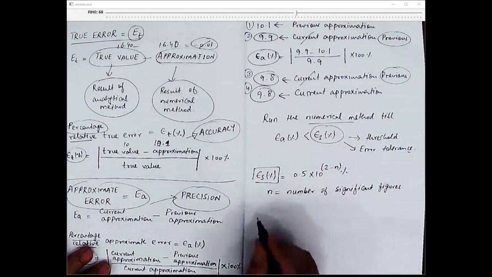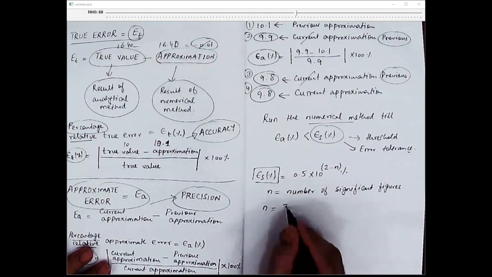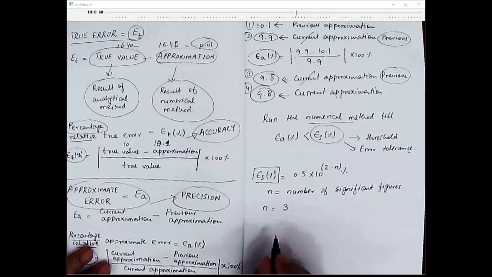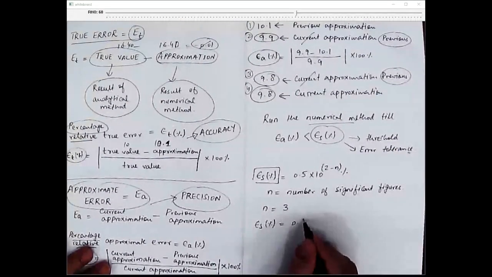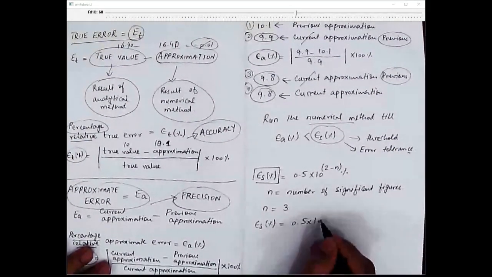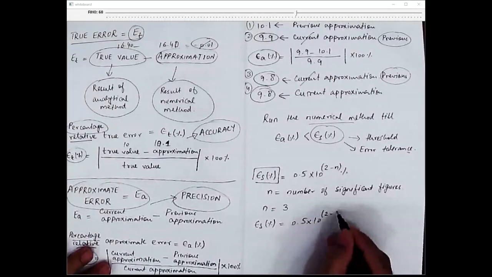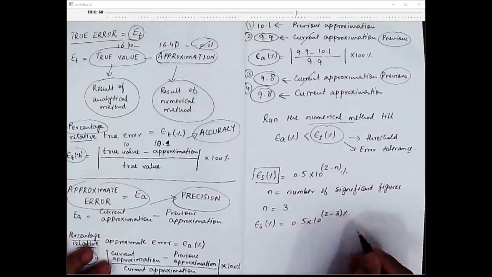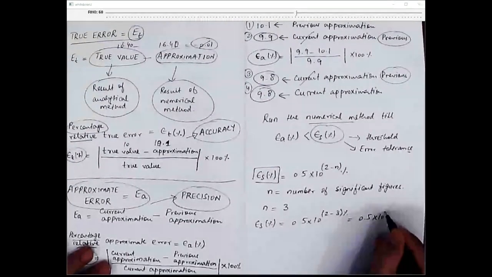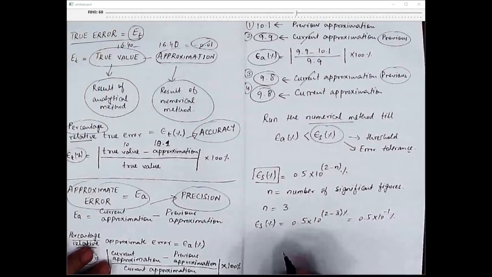So let's say I want to set n equal to 3. I want my result up to 3 significant figures. So you can get what should be the value of ES. In this case, 0.5 into 10 raised to power 2 minus 3, percent. So this means 0.5 into 10 raised to power minus 1, percent.